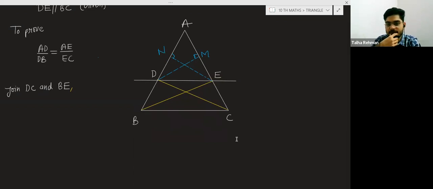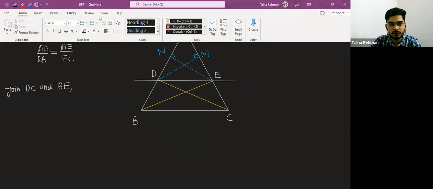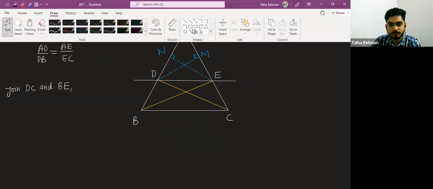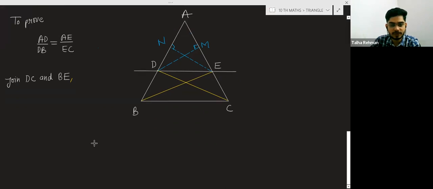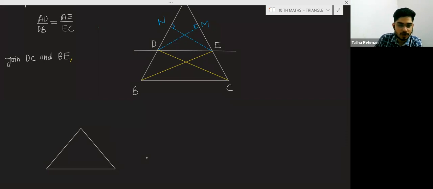Now, to prove this, we will calculate the area of triangle. For that, first you should know what is the formula of area of triangle. Suppose if you have a triangle like this, so how will you calculate the area of the triangle?